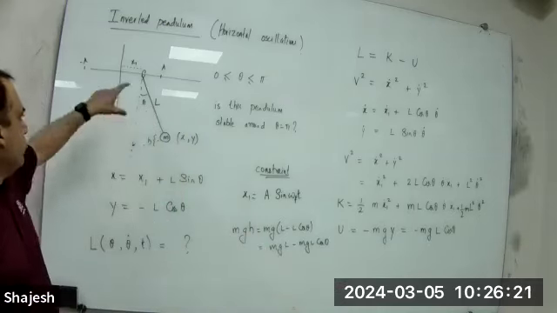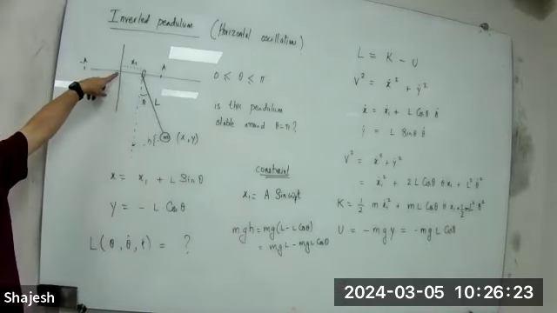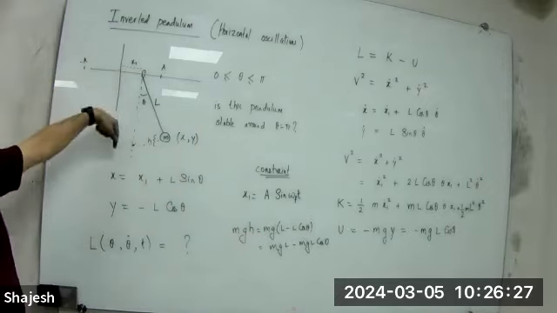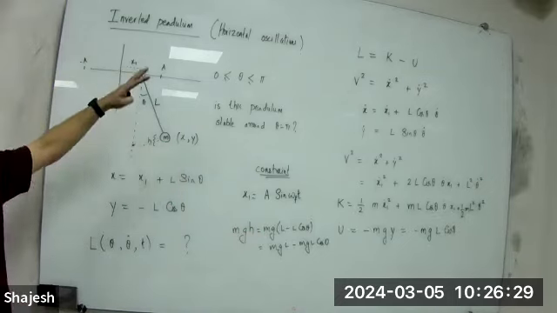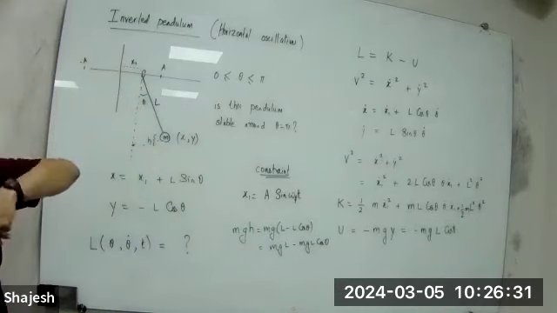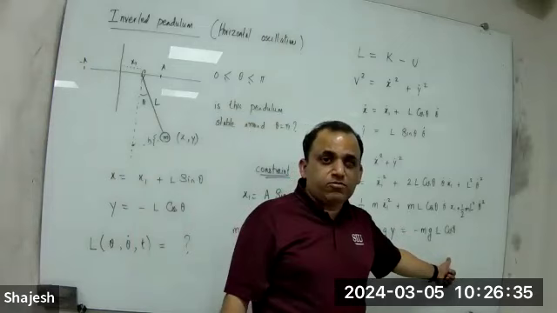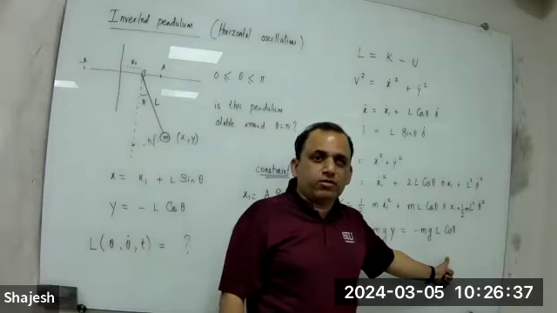But you can set this to be zero, that's perfectly fine. Then you have to take care of the fact that we are in the negative region, so we are going down. And that is exactly mgL cosine theta, that's perfectly okay.